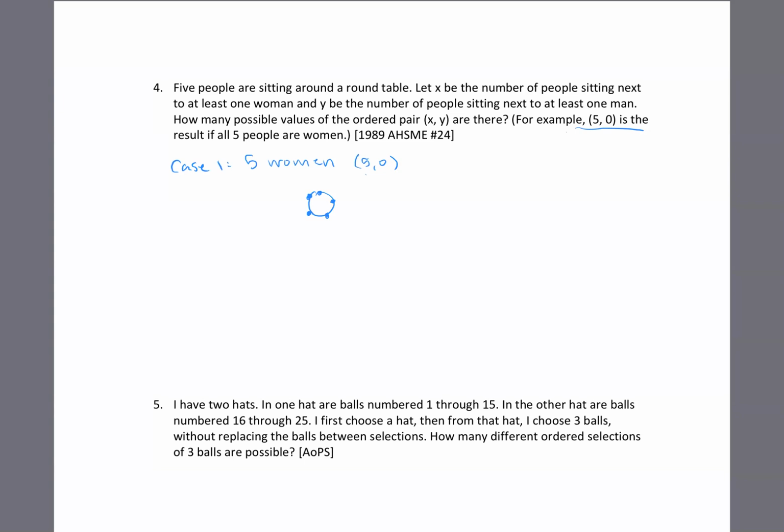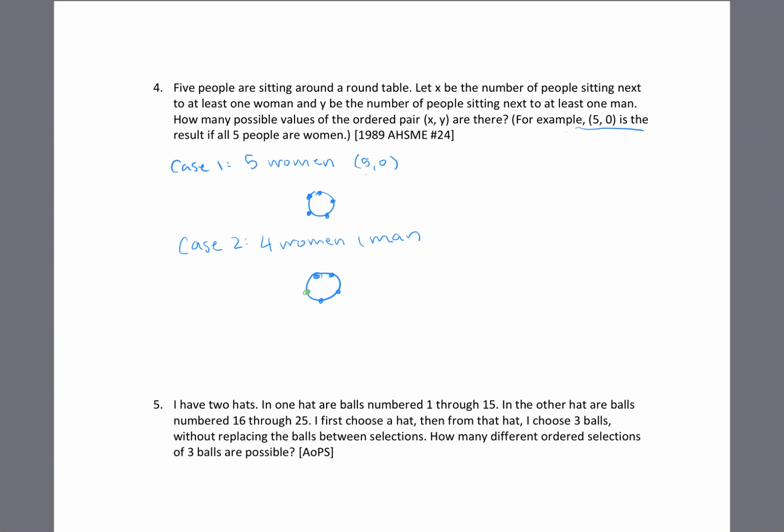and 0 people seated next to men because there's no men at the table. And then case 2, we can have 4 women and 1 man. So we have 4 women at this table, and let's say men are green, so there's 1 man. To count the number of people seated next to a woman, the 1 man is seated next to 2 women.